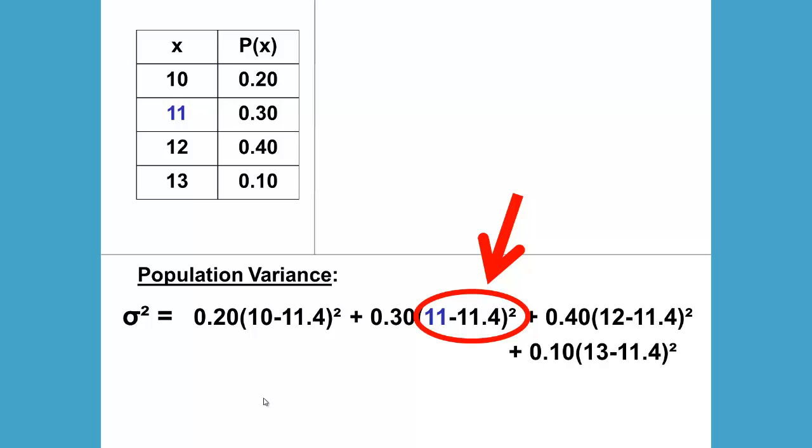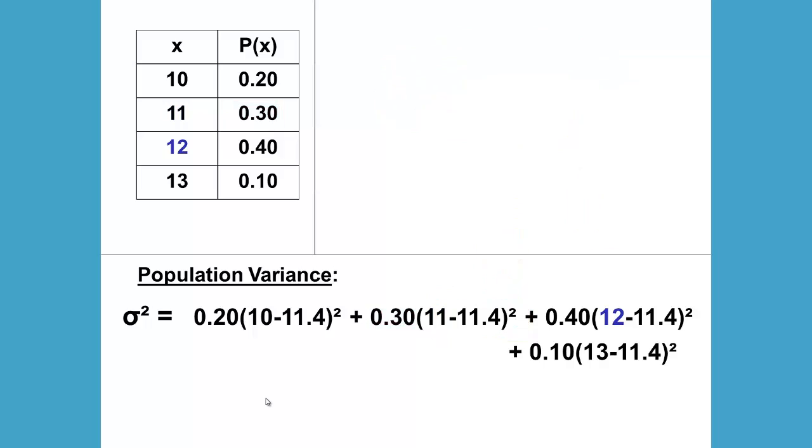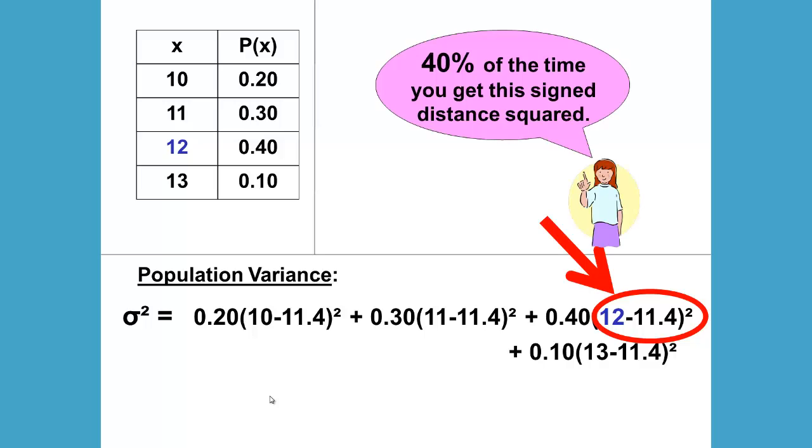The signed distance squared, and 30% of the time we get this signed distance squared. Next, the data value of 12. 12 minus 11.4 squared. 40% of the time we will get this signed distance squared.